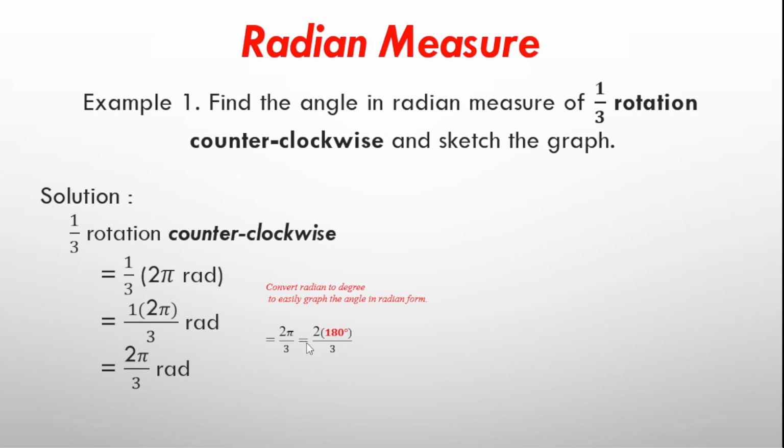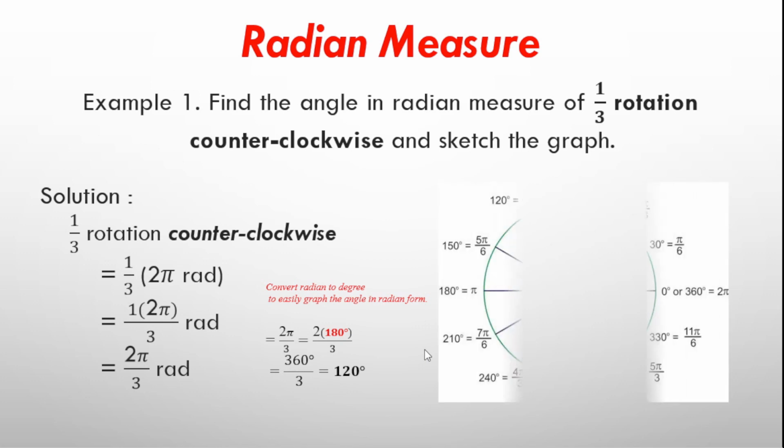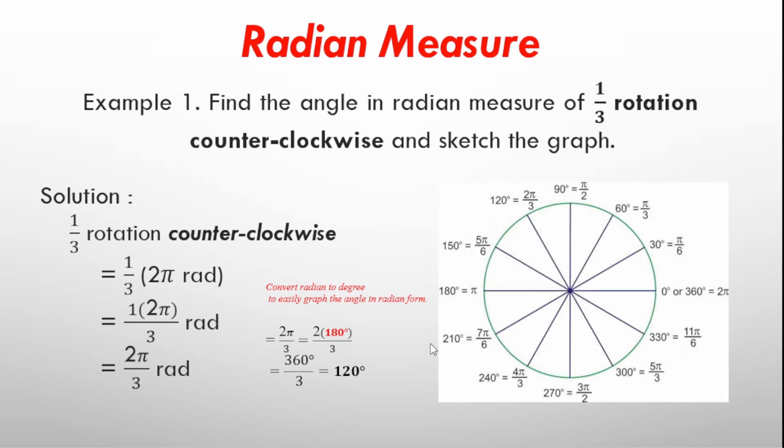So we have 2 times 180 degrees divided by 3, which is 360 degrees divided by 3, which is equal to 120 degrees. It means that 2 pi over 3 radians is equivalent to 120 degrees. So now we can easily graph the 2 pi over 3 radians.